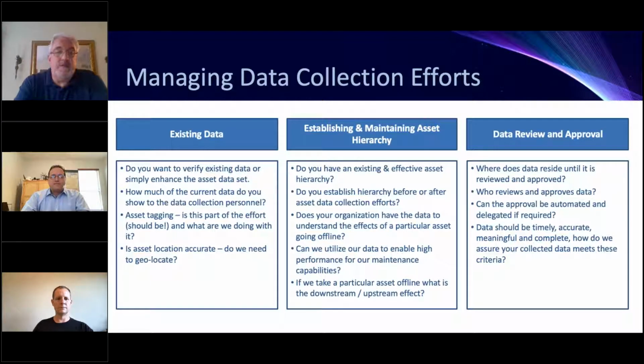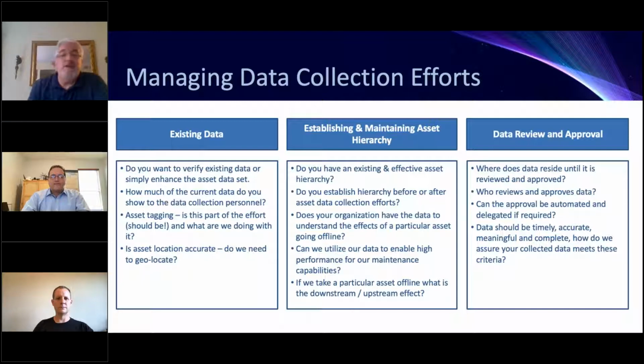An asset hierarchy. Some people have robust asset hierarchies. They know the upstream and downstream effects of turning off a particular asset. If they have to lock out, tag out something, they know what specific other assets that is going to affect. If I need to shut down this machine, does this shut down the whole line, or can I let the line run, or do I have a parallel piece of equipment?